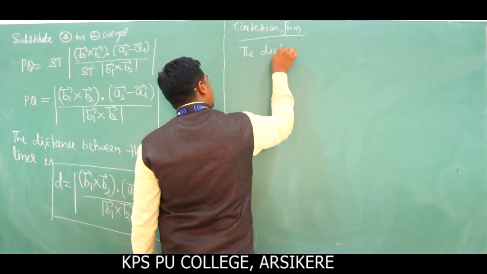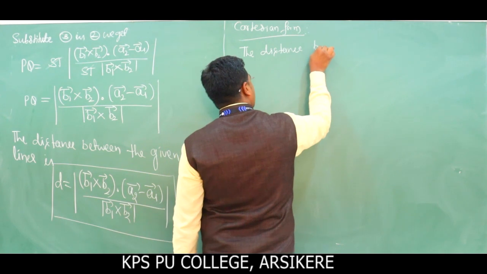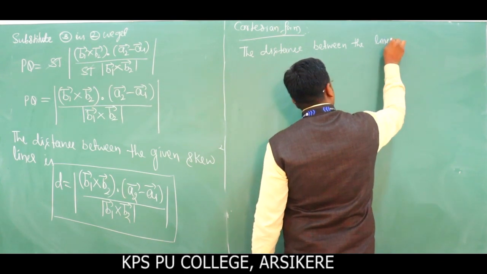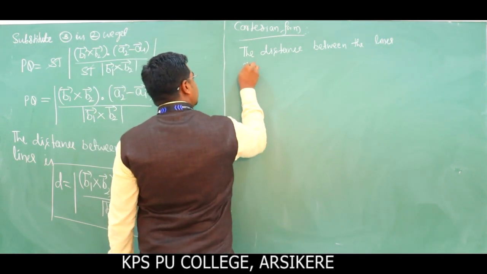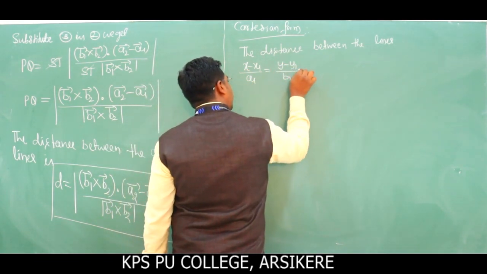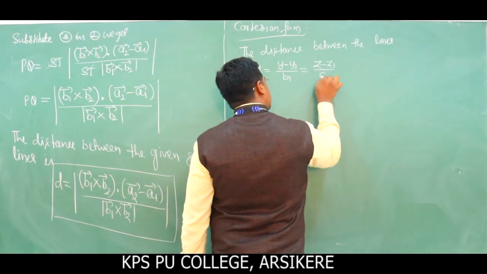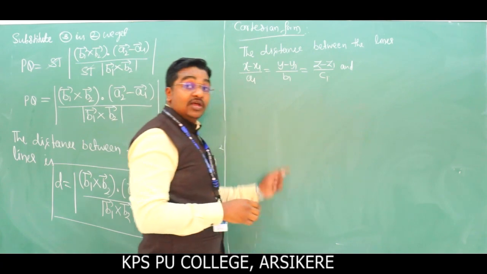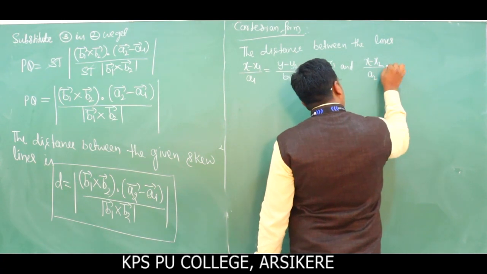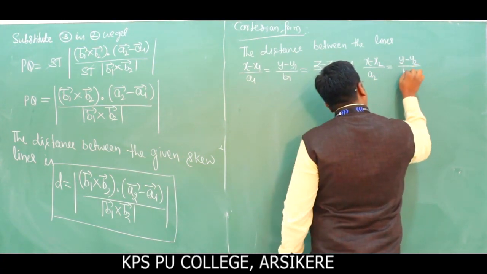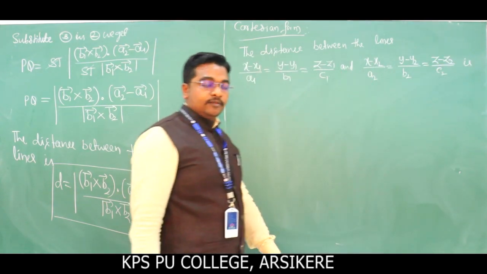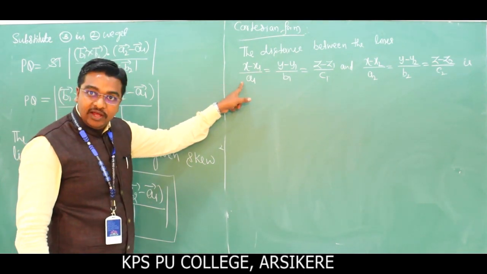The distance between the lines, and the lines here are skew lines, and the equation is x minus x1 divided by a1 is equal to y minus y1 by b1 is equal to z minus z1 by c1, and the second equation is x minus x2 divided by a2 is equal to y minus y2 divided by b2 is equal to z minus z2 divided by c2. The distance between the two skew lines in Cartesian form.